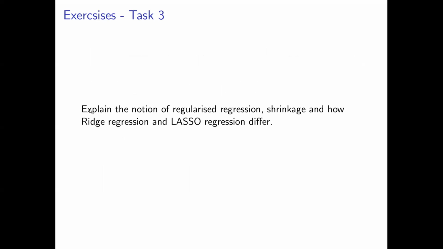And either as a summary or as an introduction to this last part, what is the actual notion of regularized regression? Summarize it in 2 or 3 sentences. What is the notion of shrinkage and sparseness? And what are ridge regression and lasso regression, and how do they specifically differ?